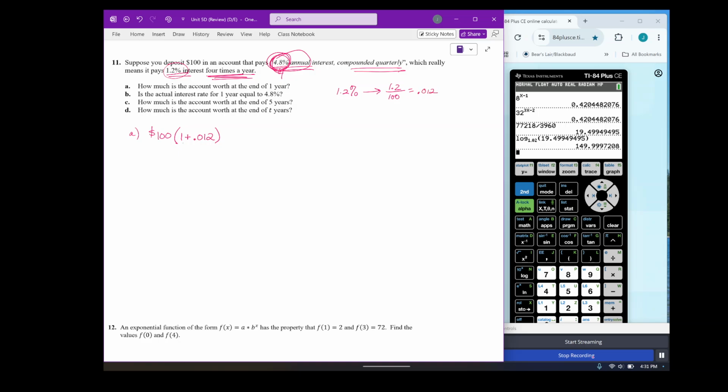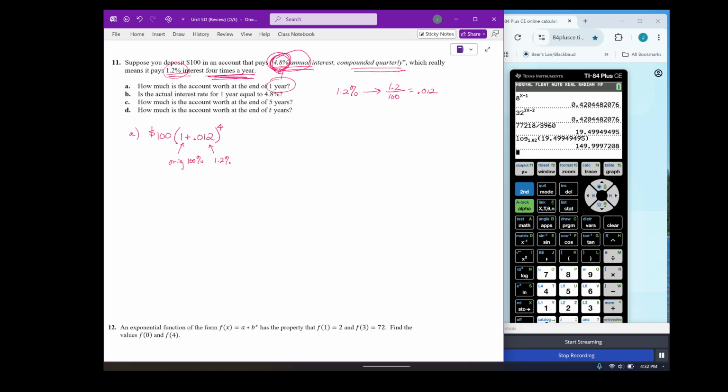So this right here is the original 100%, and then the extra 1.2%. And I don't want to raise it to the one, because that's just one time. But it's four times in a year, and I want to do 1 year. So I need to raise it to the fourth, right? Because I've got to compound it four times.